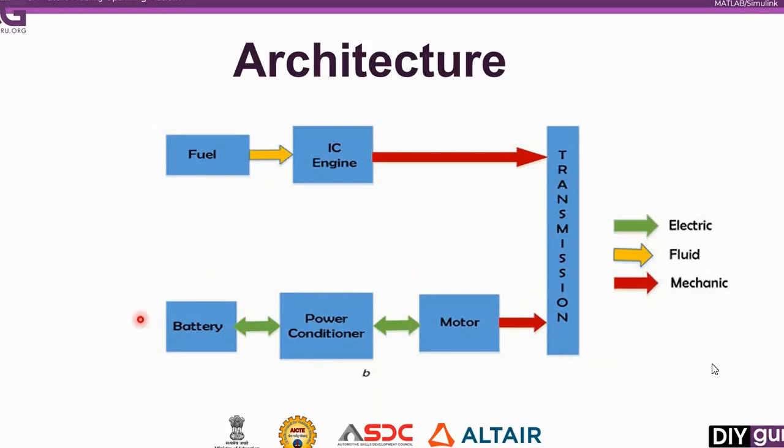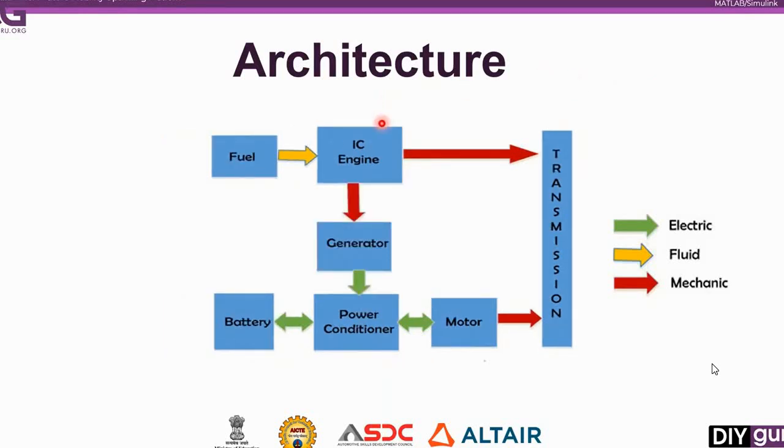So the motor is powerful enough, and as I said, in case of a few hybrids, we use the motor for the starting purpose, and then the IC engine takes over. So this portion will be utilized for the initial 20-30 kilometers, and once that part is done, the IC engine will take over, and the propulsion will be carried out by the IC engine only.